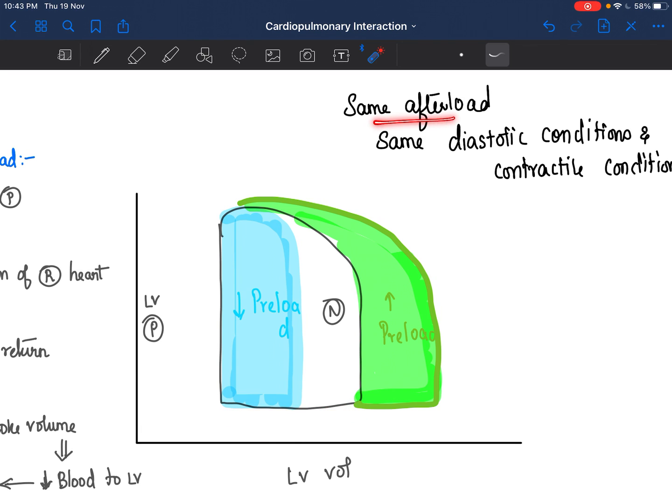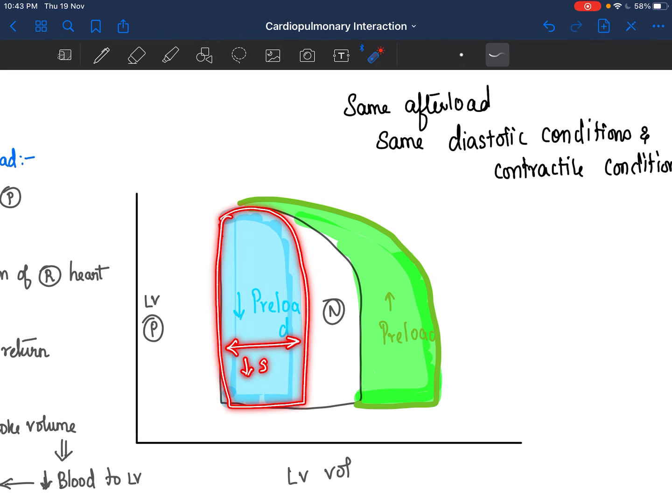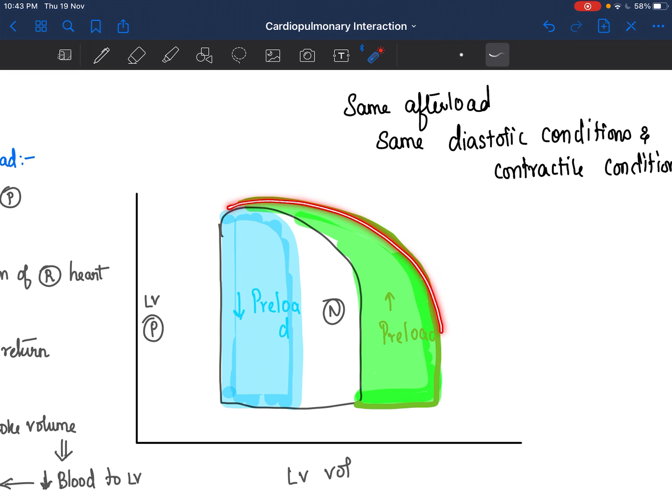Okay. So, this is your normal stroke volume. For the same afterload and same contractile and diastolic conditions of a ventricle, if the preload is reduced, you have a reduction in stroke volume, correct? For the same afterload conditions and same contractile conditions, if you are able to increase the preload, then what happens?